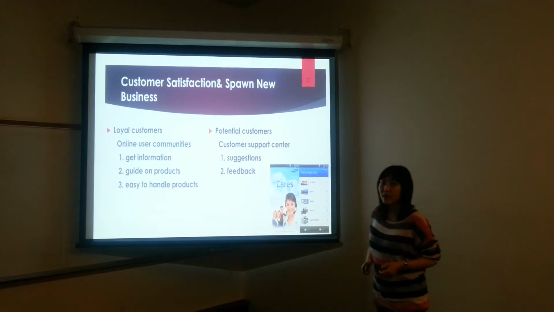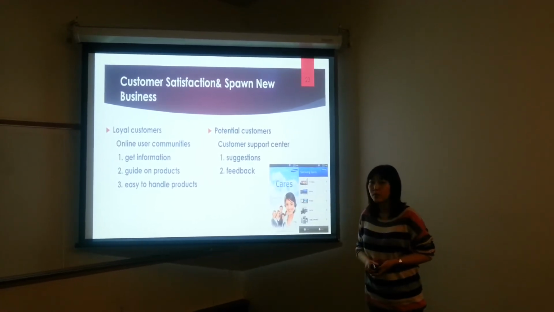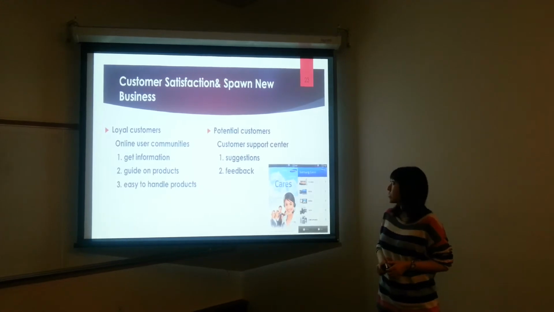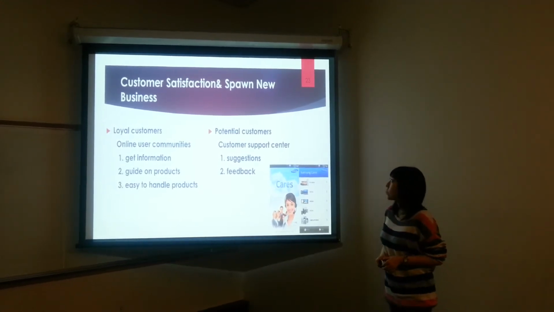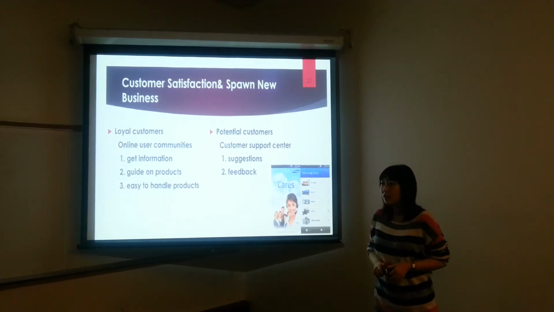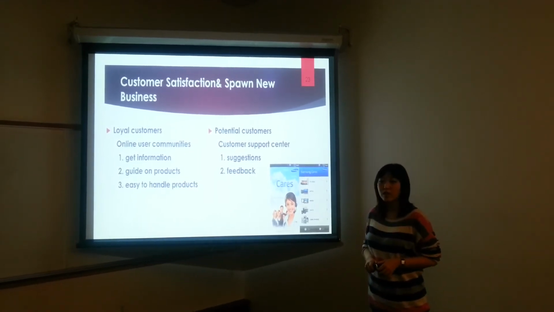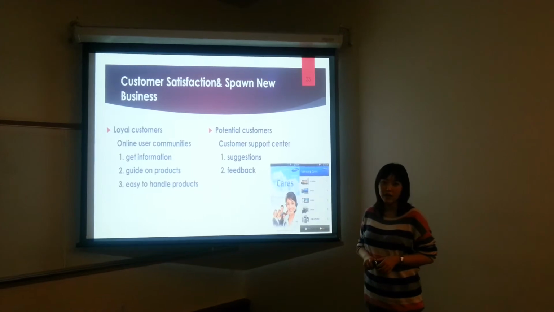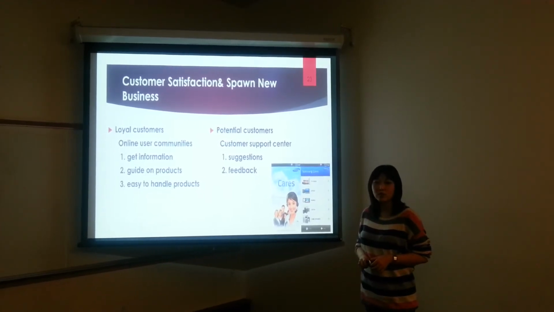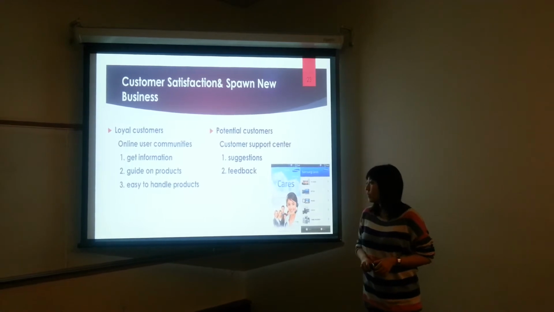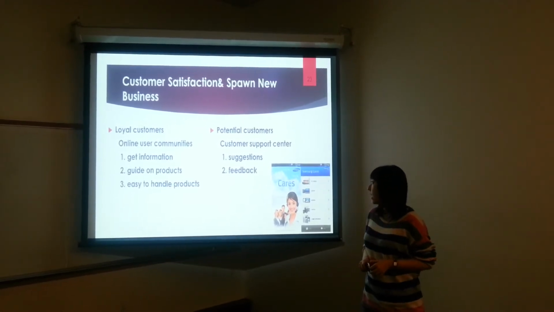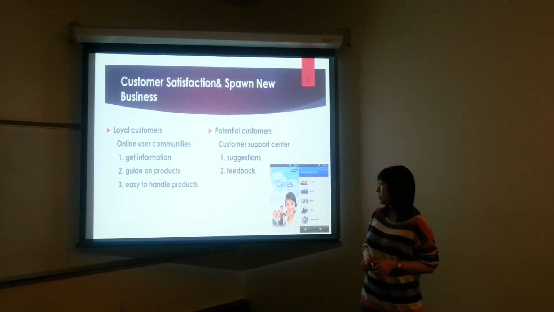In the following part, I'm going to talk about how information technology helps Samsung to do customer satisfaction and spawn new business. As we know, the information system is really significant for every company, and Samsung realized that. So they use information technology to make an online user community and also a customer support center.